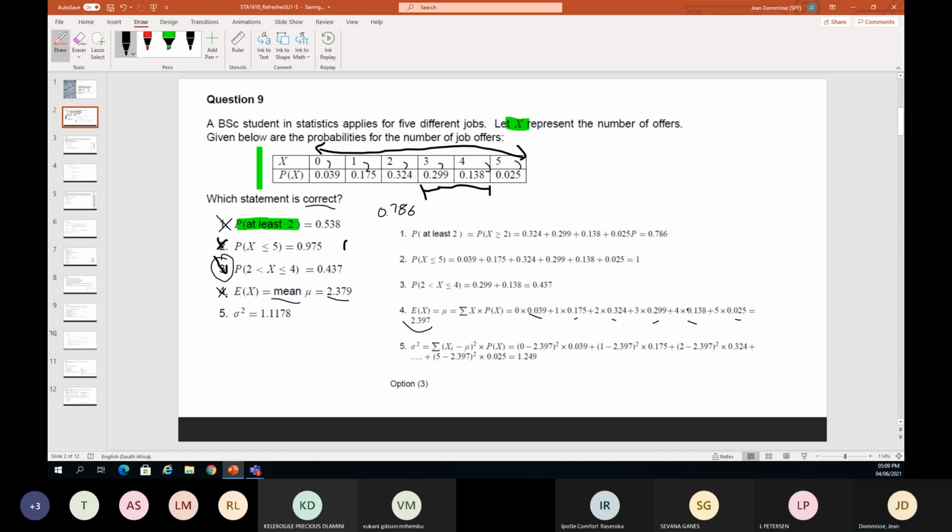And then again, if we now need to work out the variance, it is also a lengthy process, because now you need to say 0 minus that mean that you got there to the power of 2 times that probability, plus 1 minus 2.397 to the power of 2 times 0.175, plus, and then you need to do that for all of those.